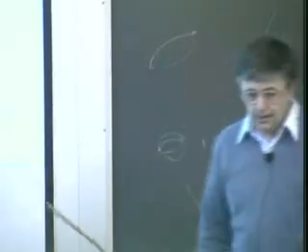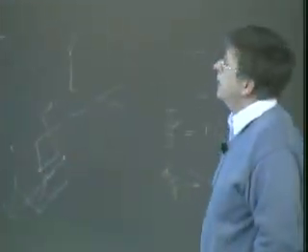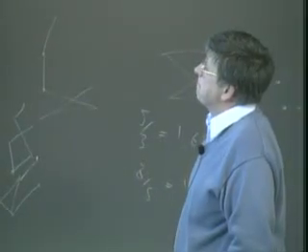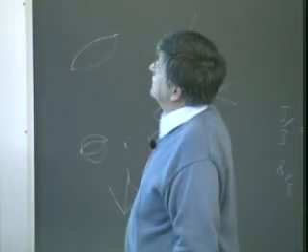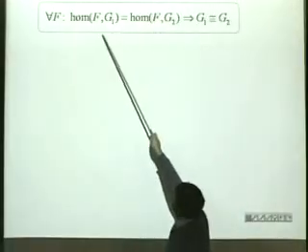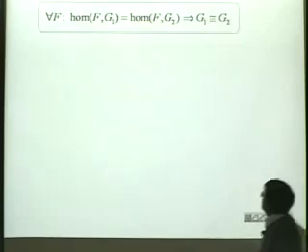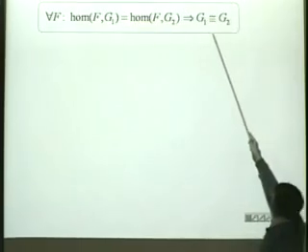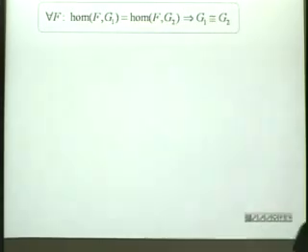Now, here is a very old observation, but very useful: if you have two graphs, G1 and G2, such that for every F, F has the same number of homomorphisms into G1 and G2, then they are the same graph, isomorphic graphs.